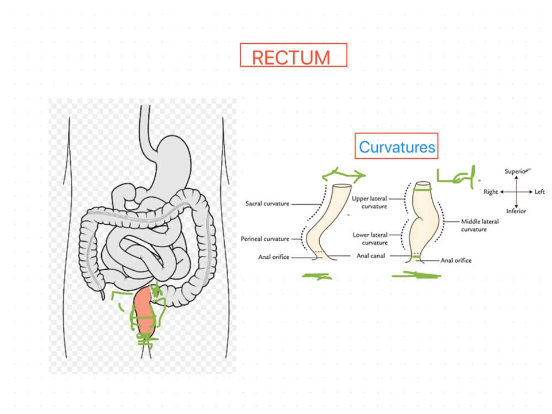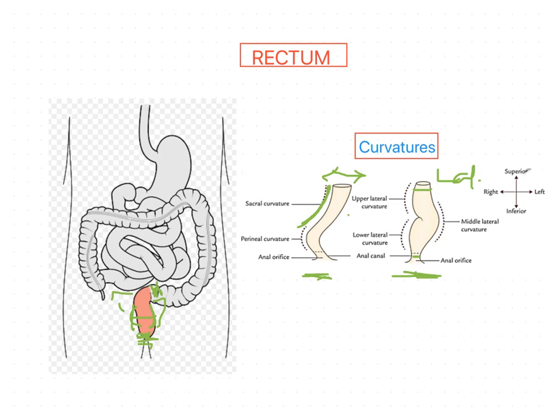First we will see the AP curvatures. The upper sacral curvature, with concavity facing forwards, and a lower perineal curvature with concavity facing backwards.